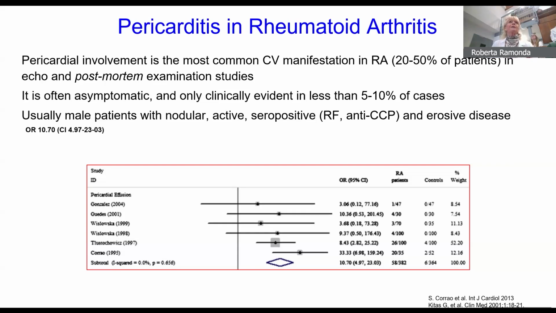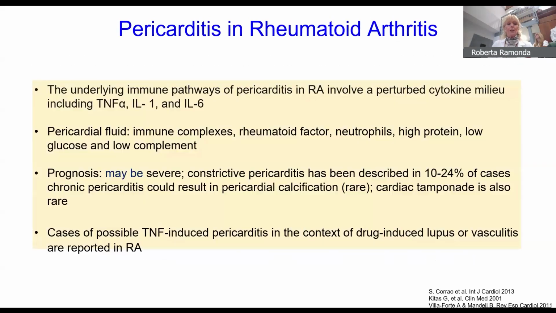These cases are prevalently male, with nodular active seropositive arthritis, so rheumatoid factor positive and anti-CCP positive, with a really aggressive form. In rheumatoid arthritis, we can find high levels of TNF-alpha, IL-1, IL-6, a real inflammatory process.